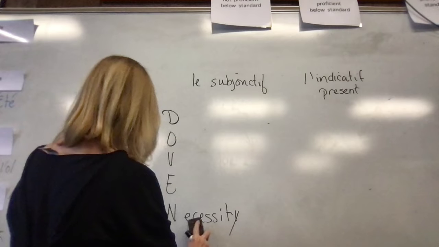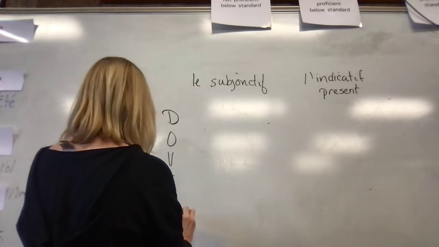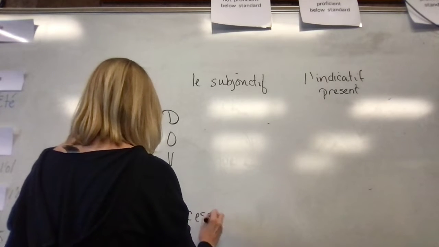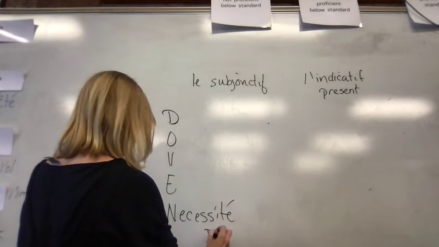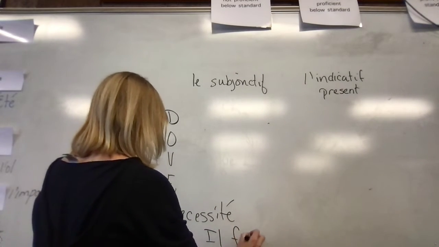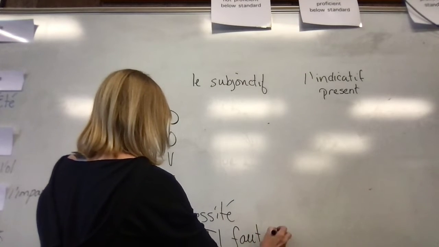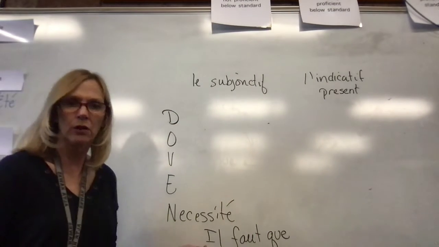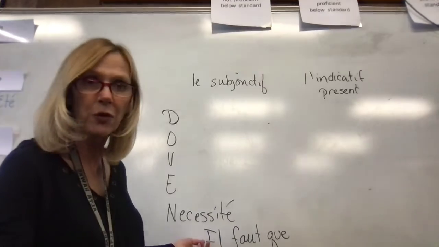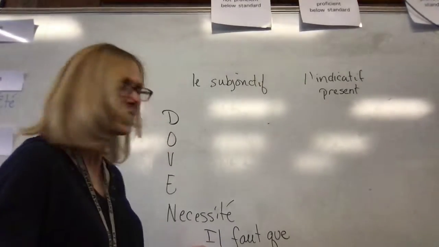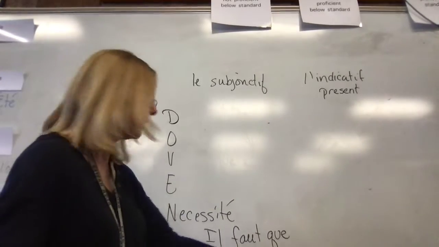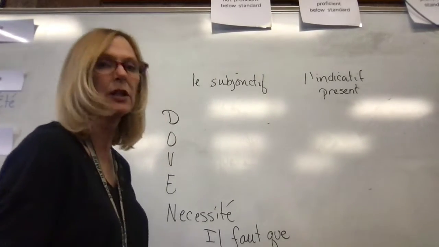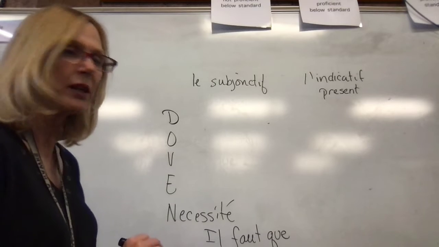Nécessité, necessity, voilà. And we have two expressions for that. Il faut que. In French 3, we learn il faut que to learn the form, and it's one of the first expressions you learn, because after il faut que, you have another expression, and that expression is going to be in the subjunctive.